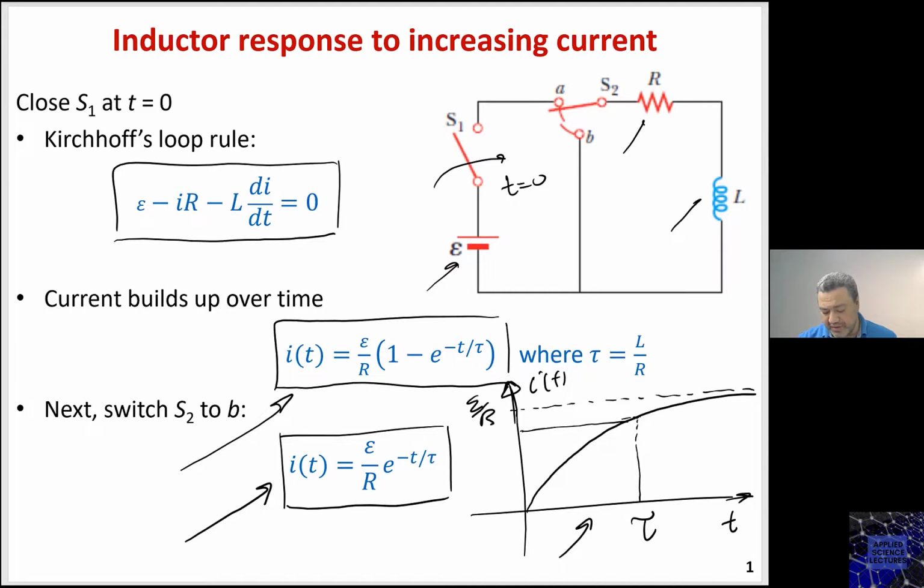This distance here is 0.368, or 36.8% from the final destination, or I can say that this one is 0.632 epsilon over R.